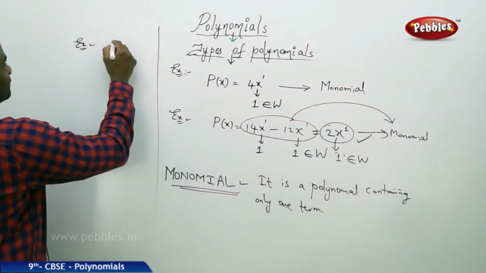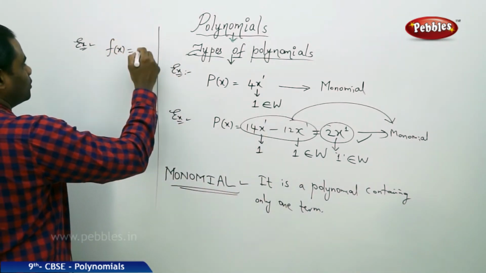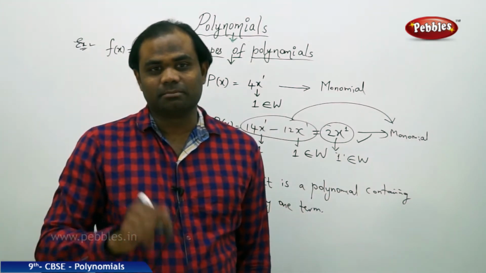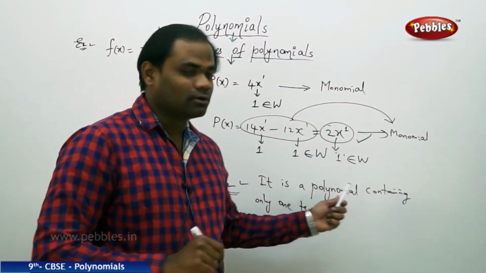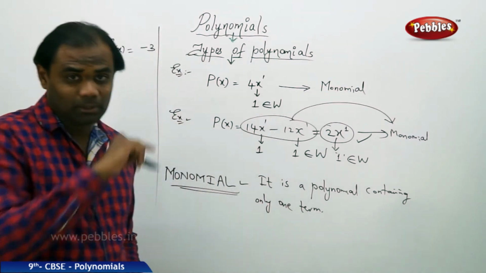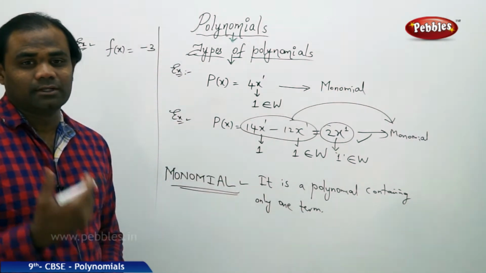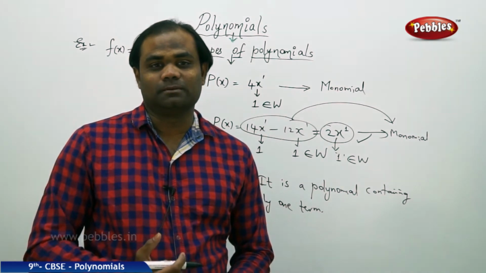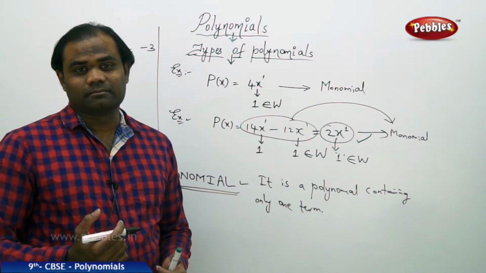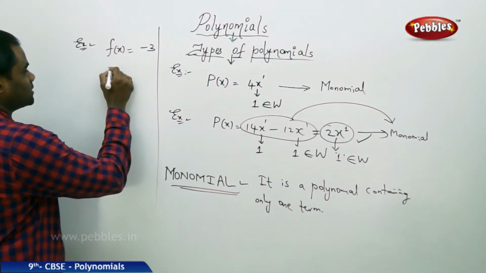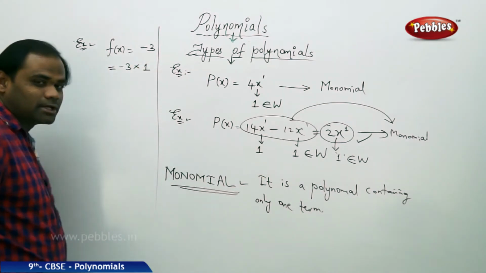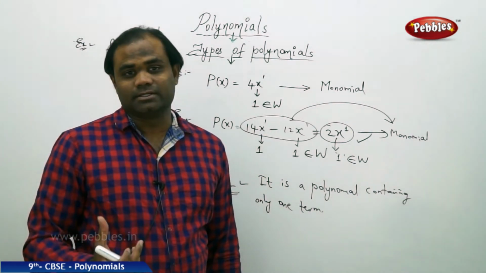For example, I have my function or the polynomial to be minus 3. Is this a polynomial is the biggest question before we decide on this polynomial being a monomial. So let's see if the given problem is a polynomial and then justify it being a monomial. Clearly the function f of x here is given to be minus 3. And as we have discussed, minus 3 can be written as minus 3 times 1 because any number times 1 is that number itself.